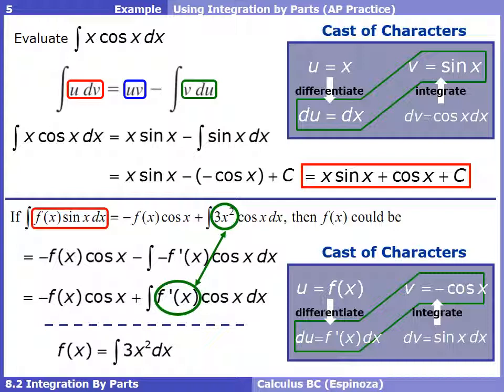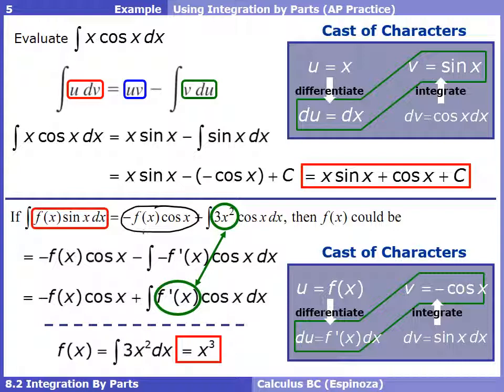We need to subtract the integral of v du. v du is going to be negative f prime of x cosine x dx. And now maybe you can see why there's a plus in our problem from above. We can take these two negative signs and just make that an addition. And now you can see we've matched up this problem basically identically.